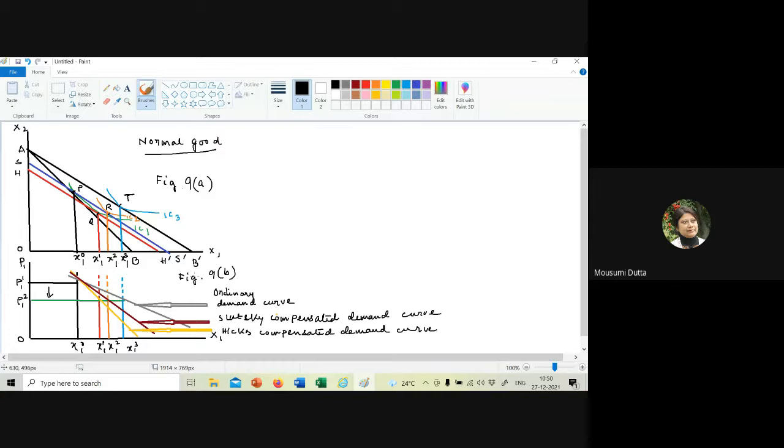Hence, the movement from P to R gives the direction and magnitude of the substitution effect.